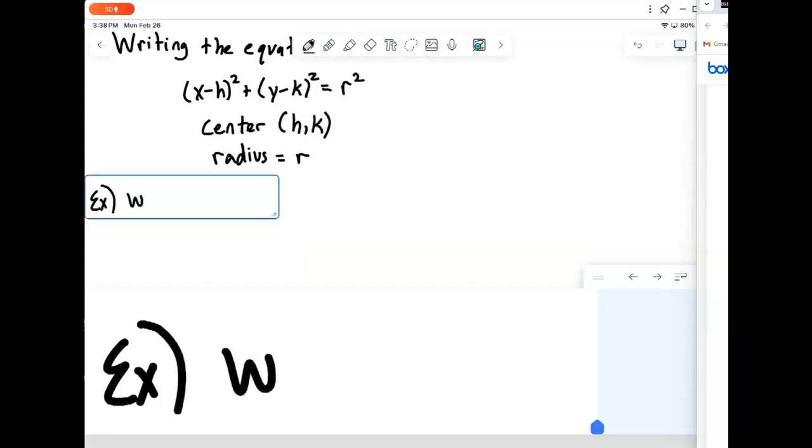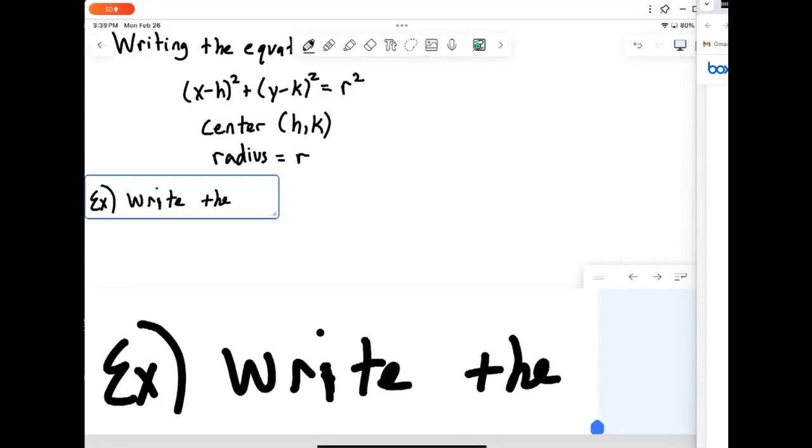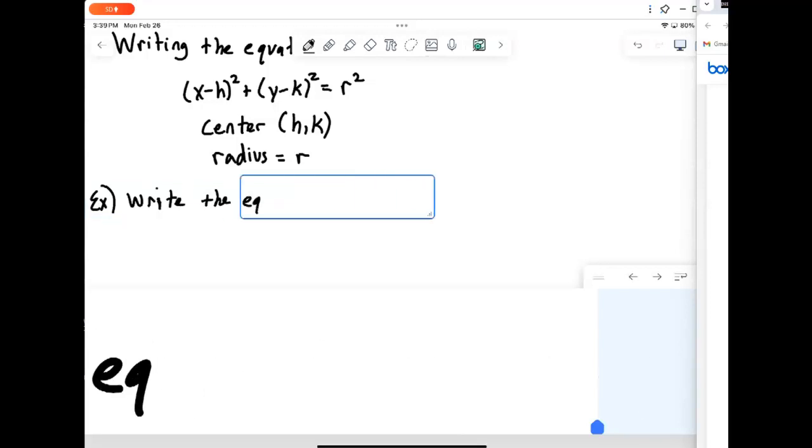So let's check this out. We want to write the equation in standard form.